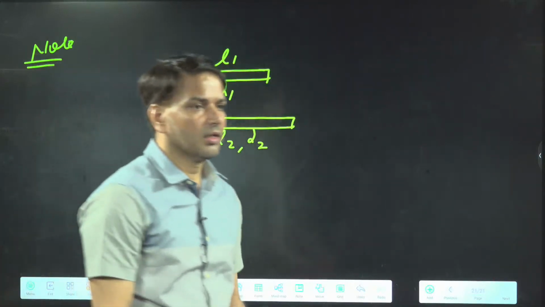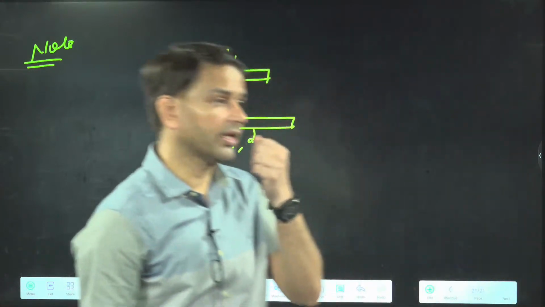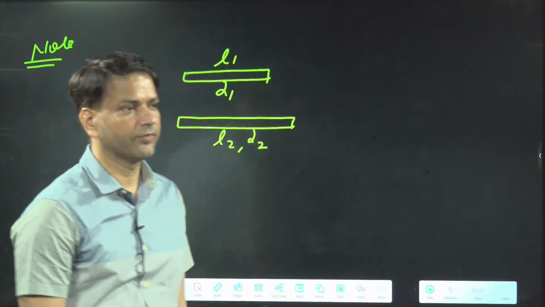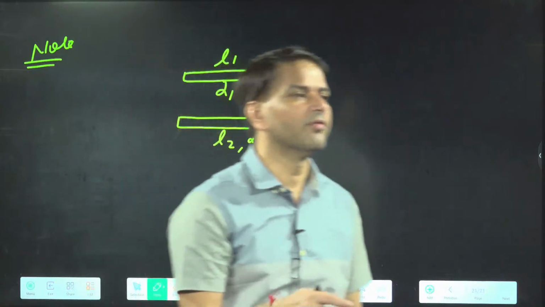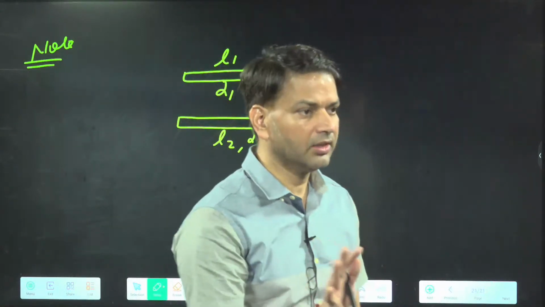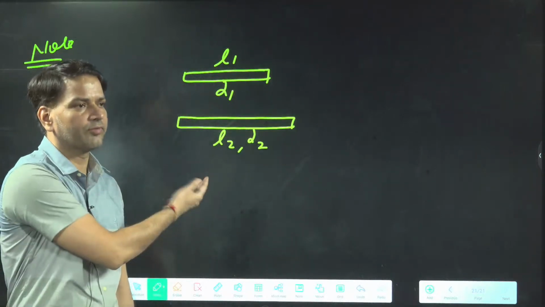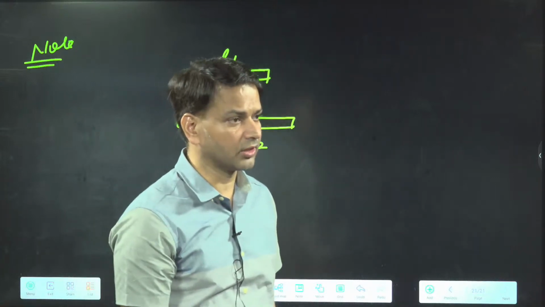Two different rods, they are made of two different materials. Now if I'm asking what is the difference of the length? Difference of the length is what? L2 minus L1 or mod of L1 minus L2, you can say. Which one is more? From that you will subtract. According to the figure, L2 is more. So L2 minus L1 is the difference of the length of the rods.